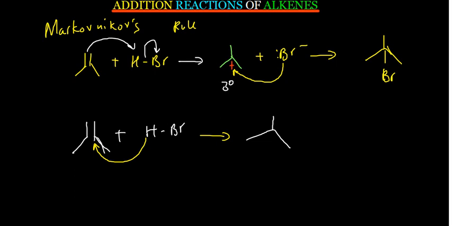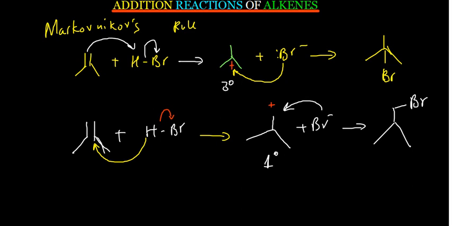Because of that, it carries a positive charge. And then this bond between the hydrogen and the bromine also breaks, so we now have bromide. Now the bromine can attach to this carbon, and that gives us a compound something like this. This one is going to be a minor product because it is formed from a primary carbocation, and the primary carbocation is not stable, and so even the resulting compound is not stable. So the major product in this reaction is this one.